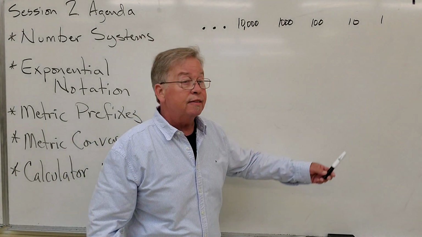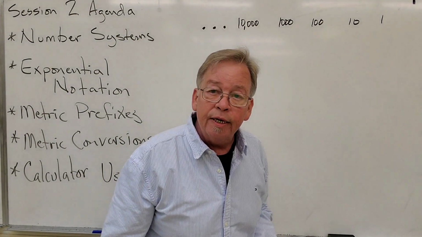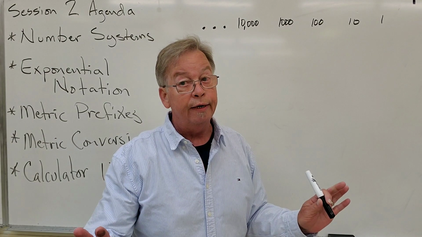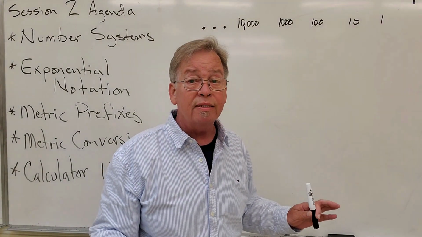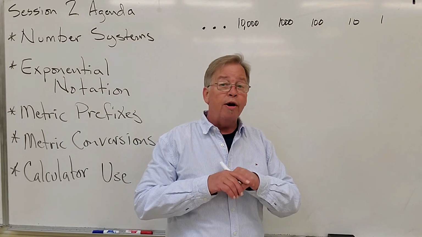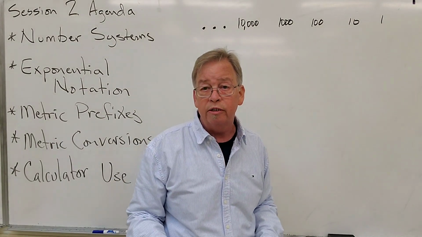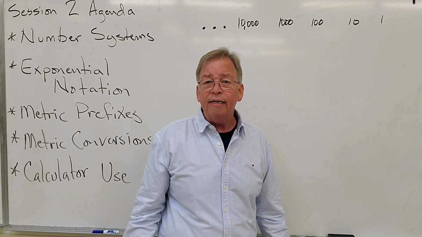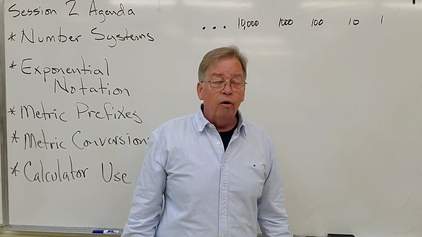Well, the question is how many times did I multiply 10 in order to get 1? Well, I didn't. If you remember, I said the first column weight to the left of the decimal point on every number line is always the ones column. So I didn't multiply anything times anything to get that 1 value. Okay?